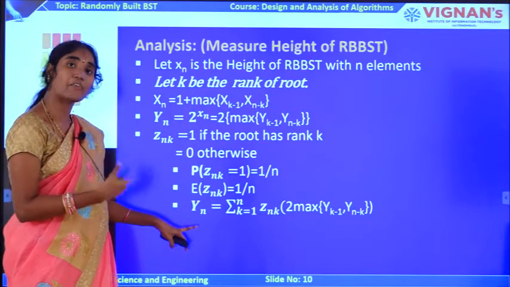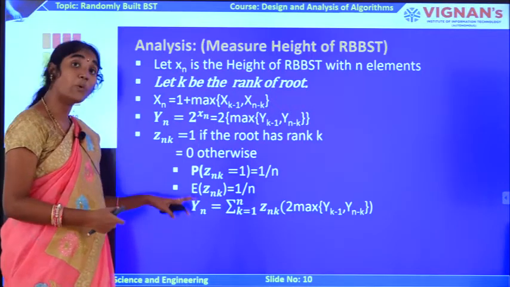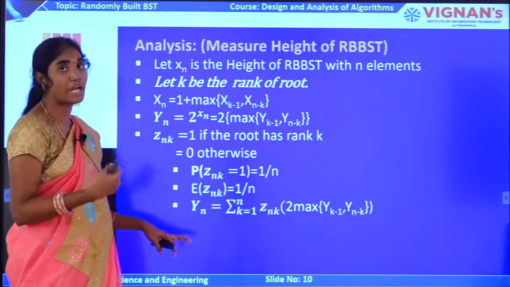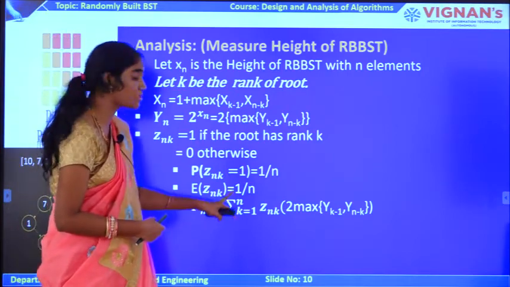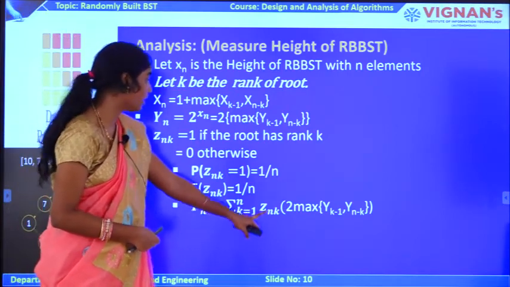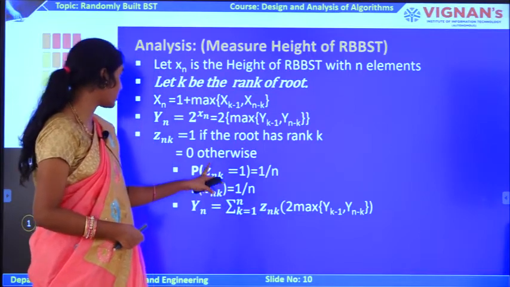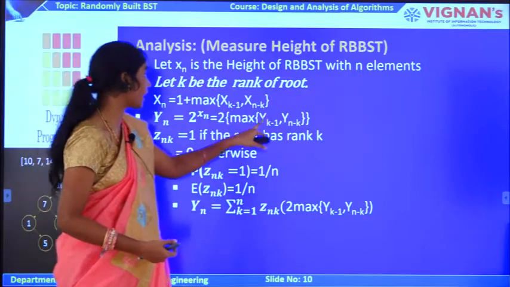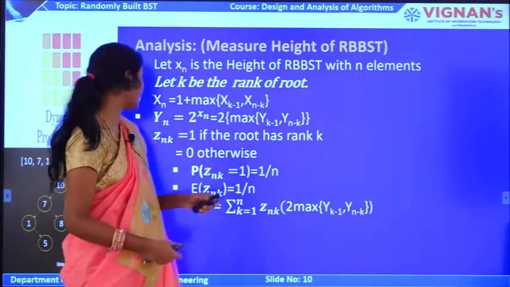Now, initially you have already represented Yn. Yn is the expected height, that is, the expectation of the height of the RBBST. So Yn is equal to the summation from k equal to 1 to n of Znk times 2 into the maximum of Y(k minus 1) comma Y(n minus k).